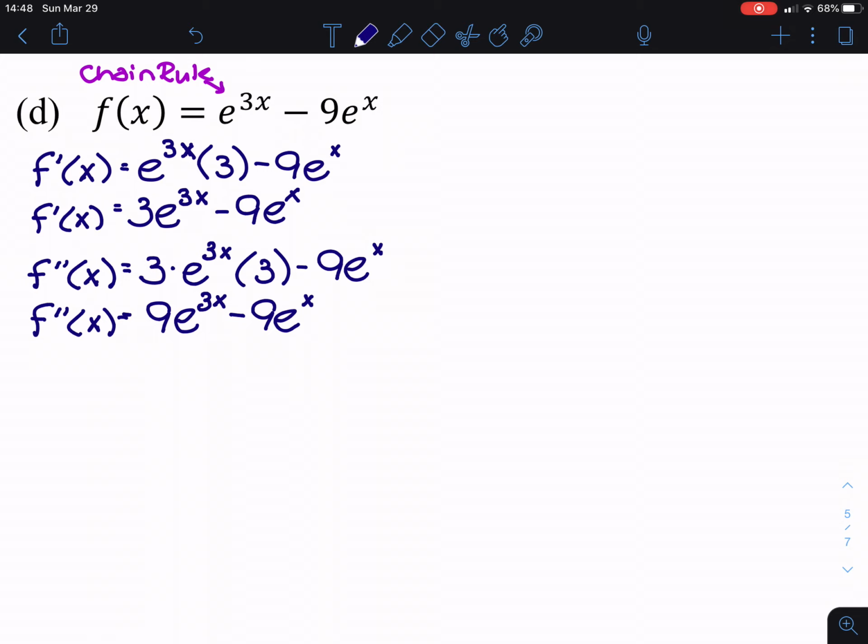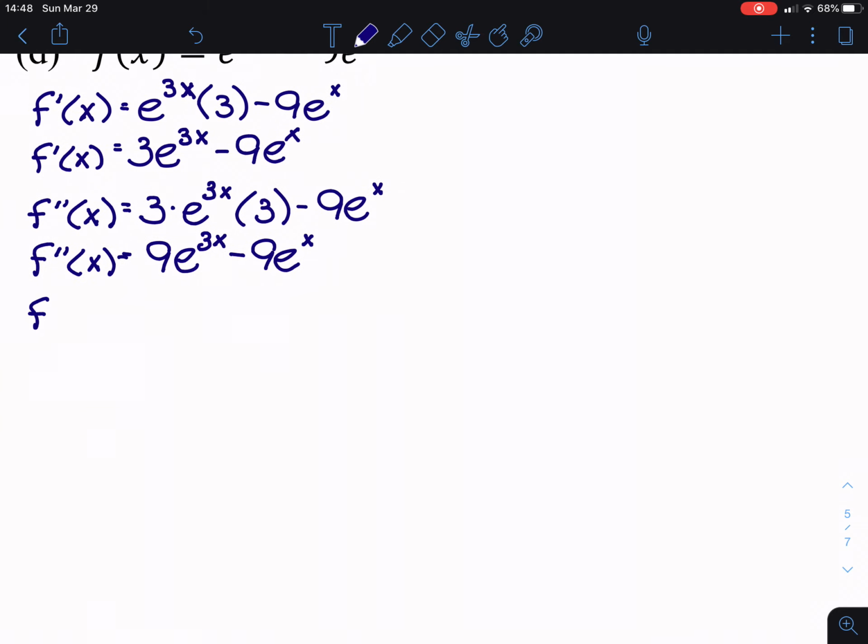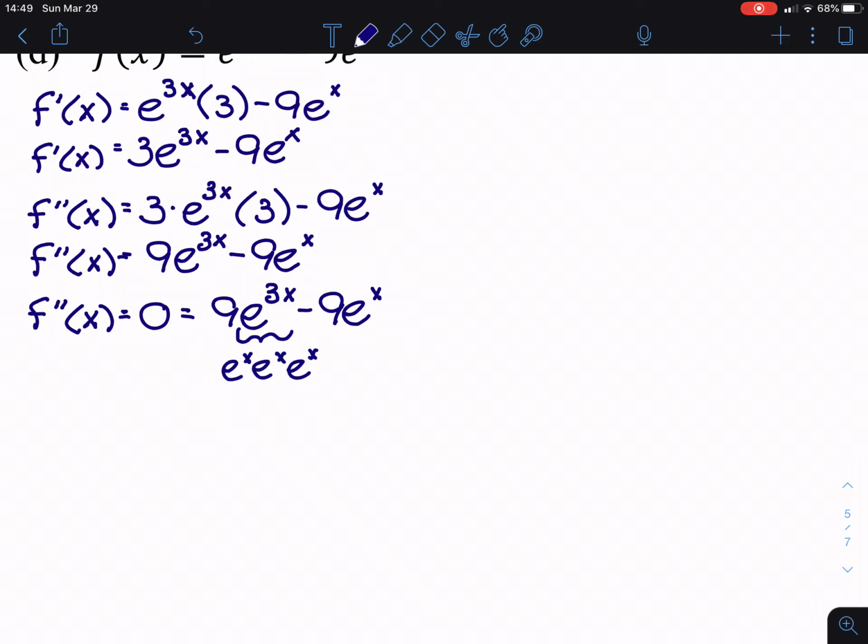Now for an exponential, the domain is all real numbers, so I'm just going to look for cases where my second derivative is equal to 0. So this is 9e to the 3x minus 9e to the x. One thing to keep in mind is that e to the 3x is the same as e to the x times e to the x times e to the x.